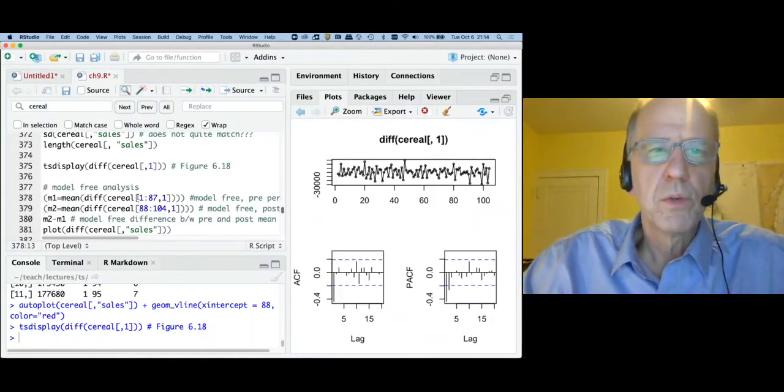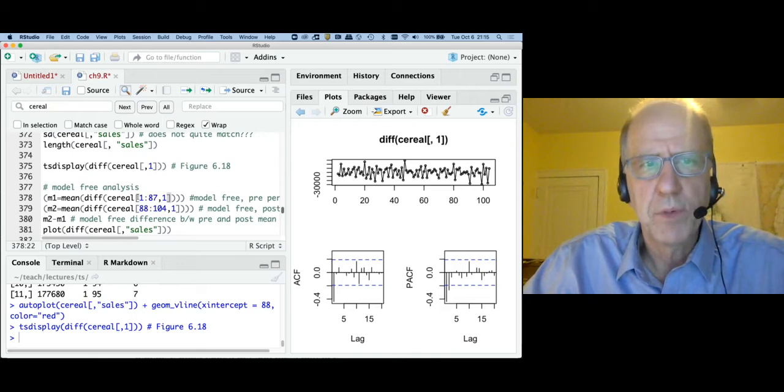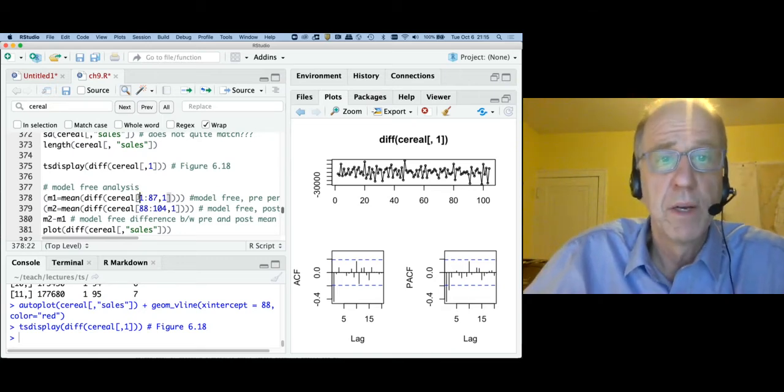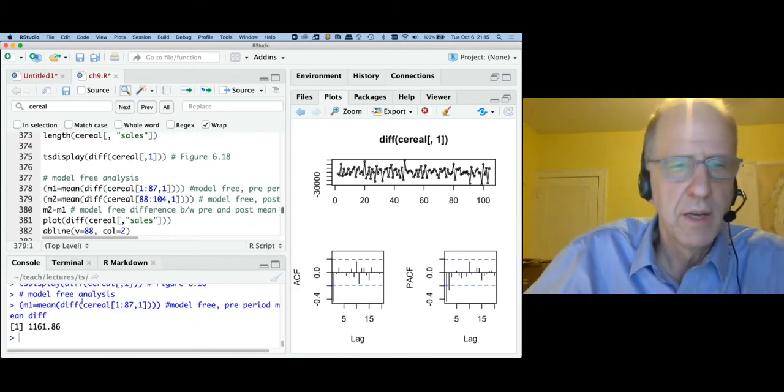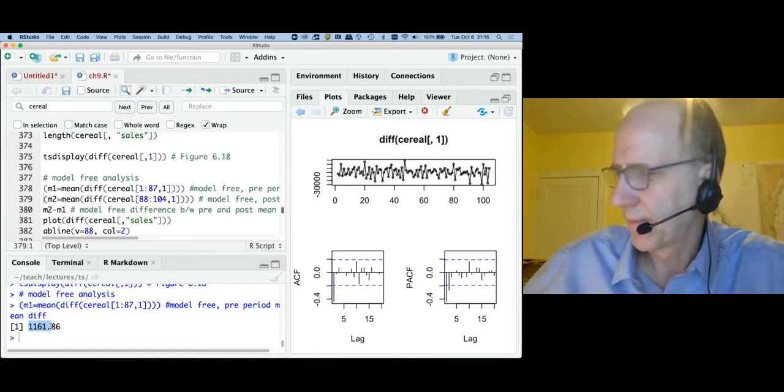So let's go do, this is very similar to, what did we call this? The drift method back in chapter 1, where I just find a bunch of my first differences and average them. And so we find that the average first difference is about 1161. So I might just go write that down over here.